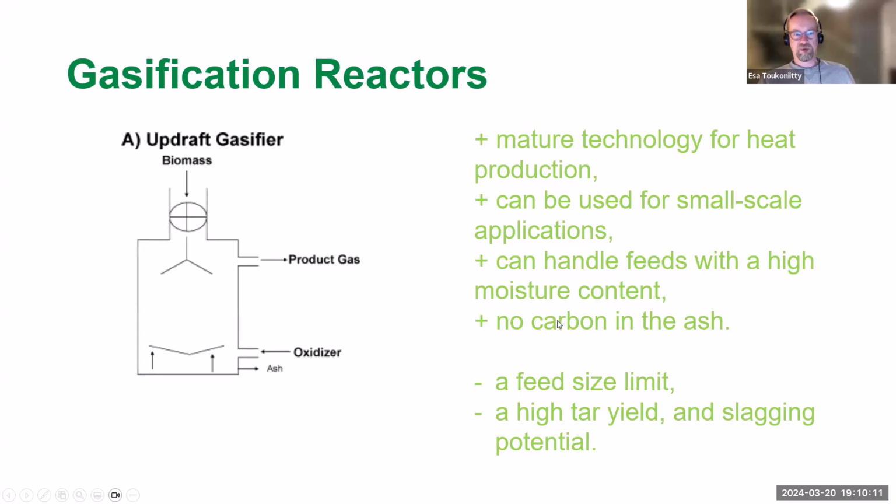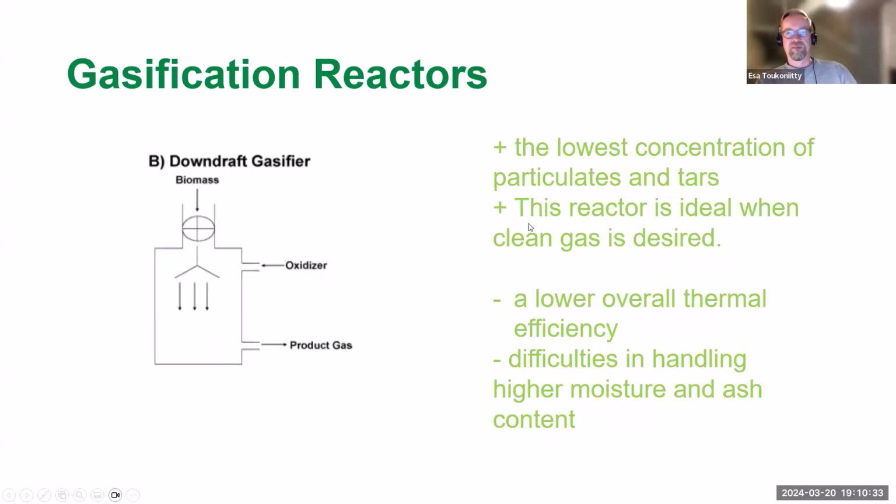There are some good things, or let's say advantages and disadvantages, in all of these. On the negative side here, for example, high tar formation and slagging potential, and if you change from upward to downward draft gasifier, there is lower tar formation.